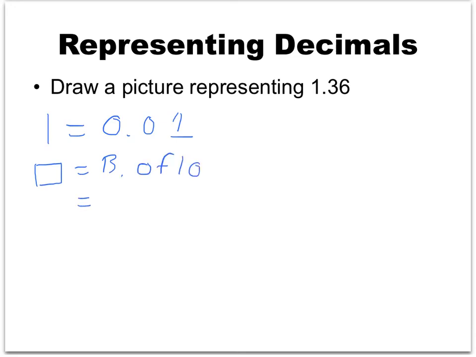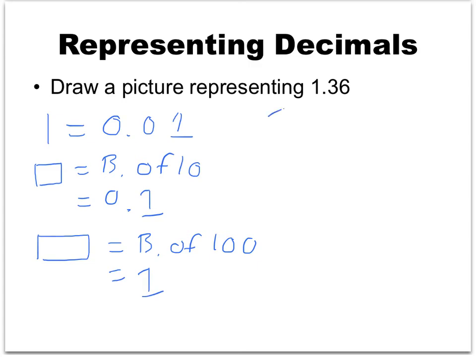Well, if I bundle 10 hundredths together, I get 1 tenth. So a rectangle like that represents the number 0.1. And then I'm going to draw a bigger box like this to represent a bundle of 100. Well, if I bundle 100 hundredths together, what I get is the number 1.